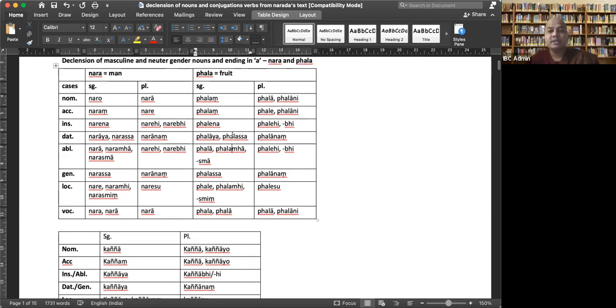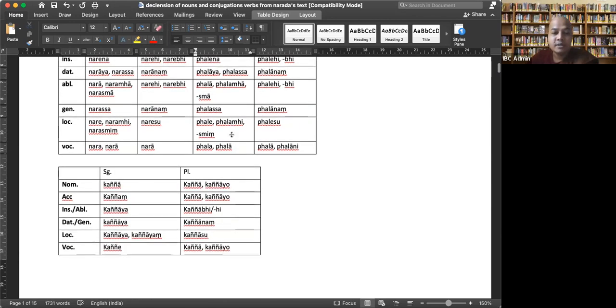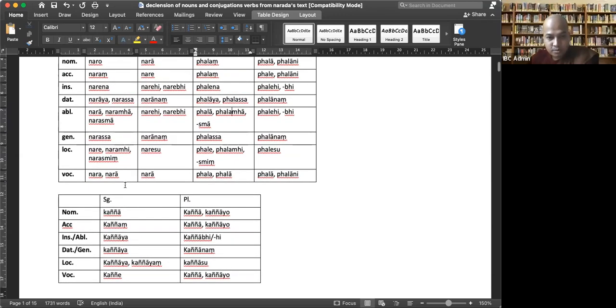This is a neuter gender noun. And then the declension of kanya, this is a noun with long a. This is a feminine gender noun, because you do not have feminine gender nouns ending in short a, only in long a. This is completely different from the previous two, right? So if you put all three together, then you can see the similarities and differences.